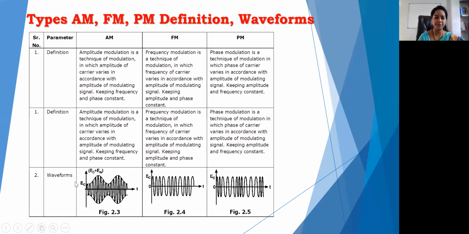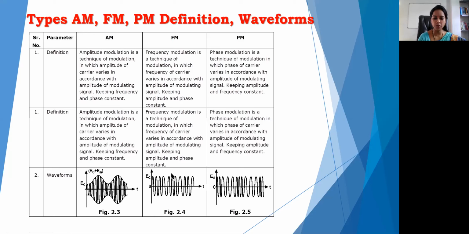Okay, so first is amplitude modulation. This is just the definition, and here there is a waveform. You just look at the three waveforms, so you will recognize the difference between the three. First is the amplitude modulated signal, second is the frequency modulated signal, and the third one is the phase modulated signal. So what is happening, the amplitude of the carrier is modulated according to the modulating signal.